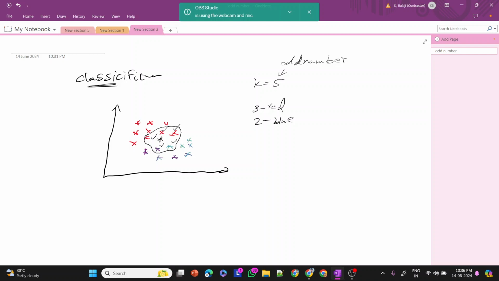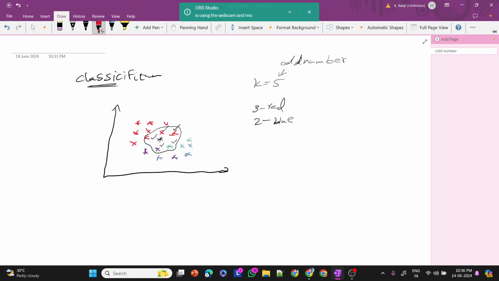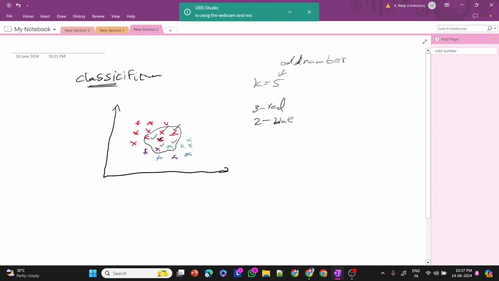Like this, the algorithm will predict the output data from the input data.